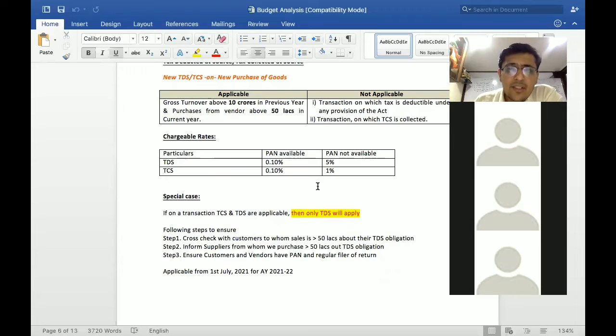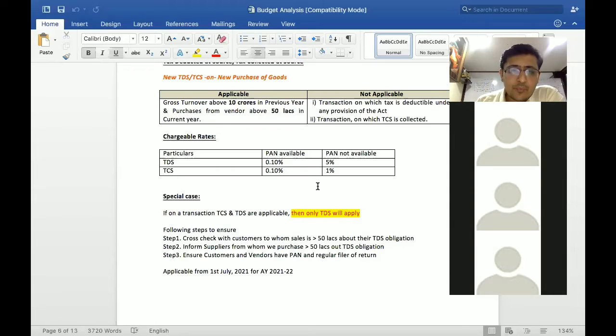I'll check with those customers whether they are under the obligation to deduct TDS, because if their turnover is also above 10 crores, then they are supposed to deduct TDS. Then I am not supposed to collect TCS. Only for customers who are not under the obligation and are still purchasing from me am I supposed to collect the TCS. That is step number one.